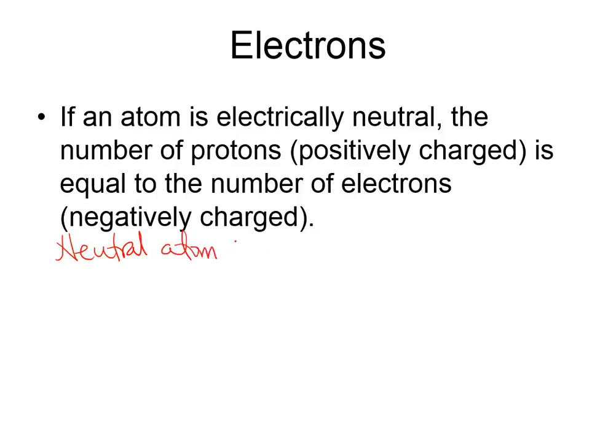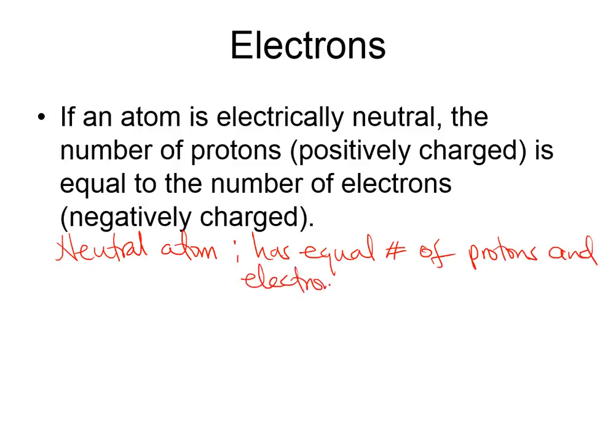A neutral atom has an equal number of protons and electrons. The protons are positively charged, the electrons are negatively charged.